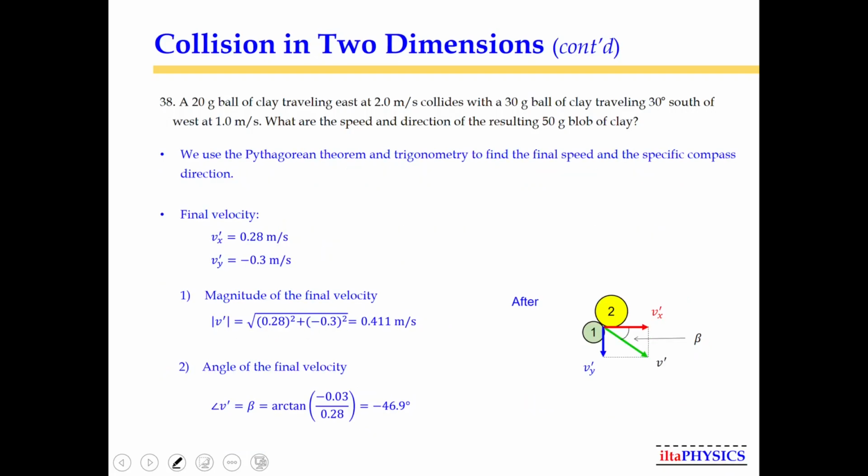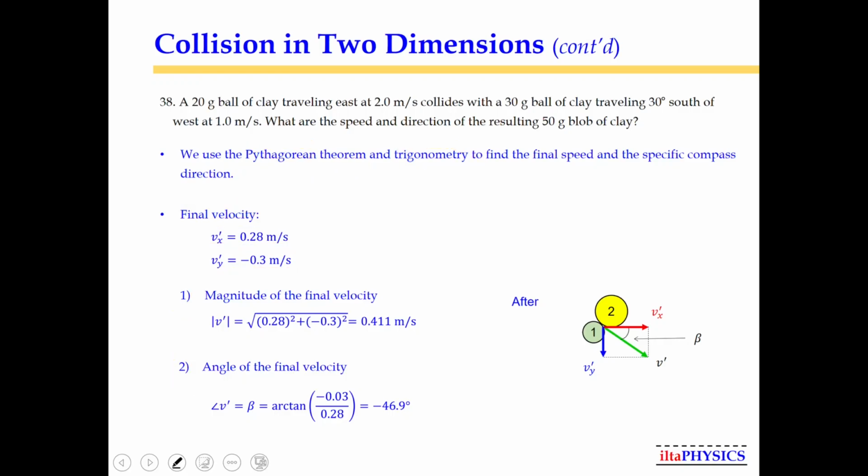Now, let's calculate the final step of recombining the results. This is the same problem continued. We previously found the x velocity and y velocity of the combined clay mass after the collision. Now we'll use the Pythagorean theorem and trigonometric relationships to calculate the actual magnitude and direction of the object's velocity after the collision.